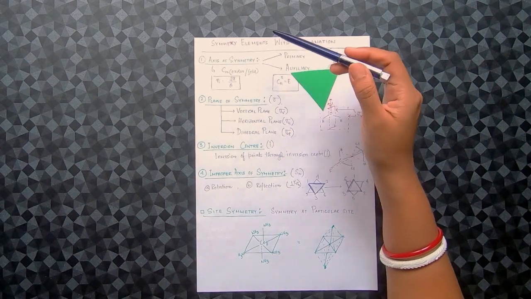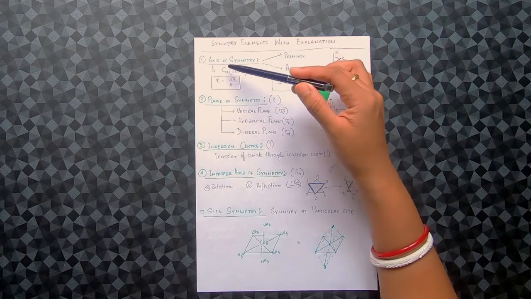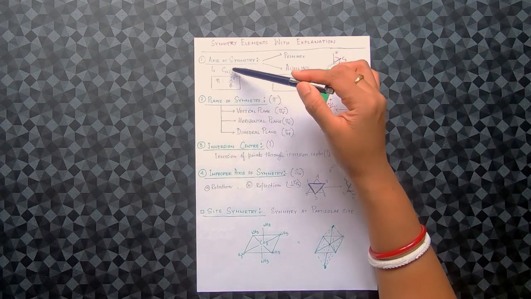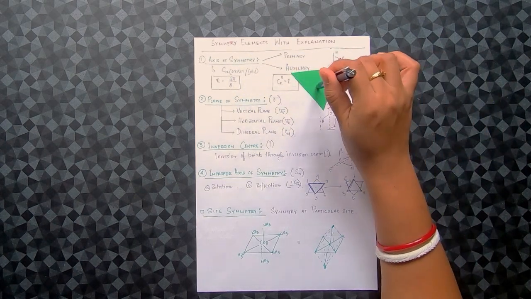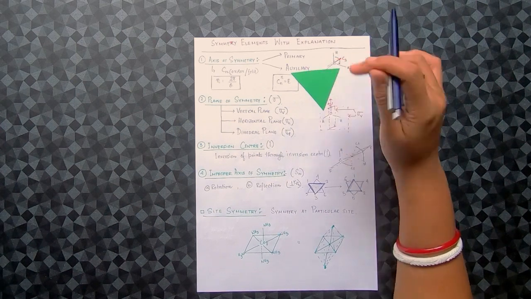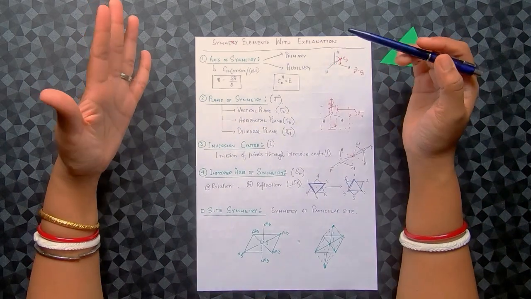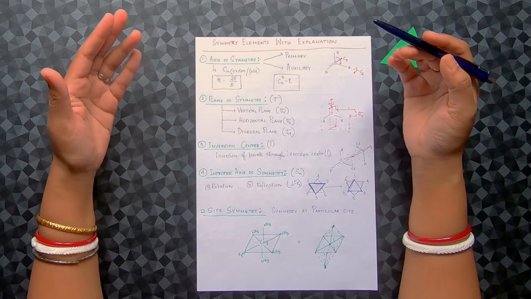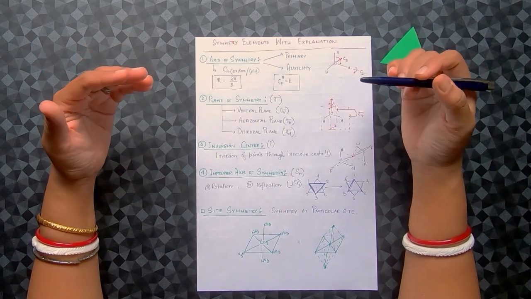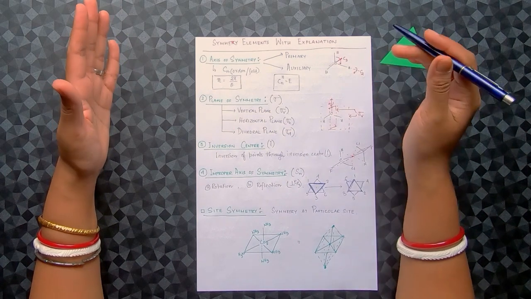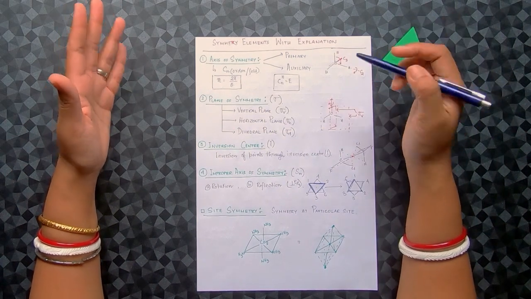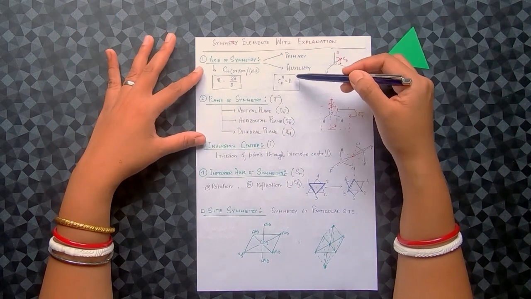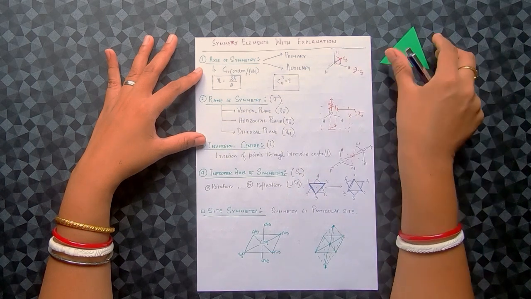So axis of symmetry is denoted with respect to Cn, where n is the order. In this case, the order is 3. If we rotate the axis of symmetry n times with respect to the number of fold, then we are going to get the identity element. That means there is no change in the position.